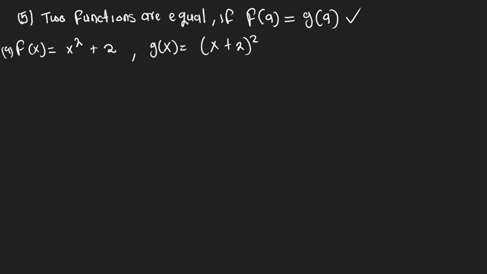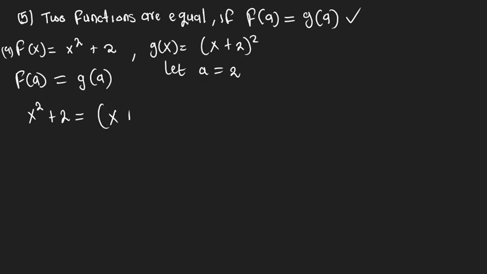So I'm going to say that for this to be equal, f input of A must equal g input of A. I will let my A equal 2. So x power 2 plus 2 must equal x plus 2 power 2.